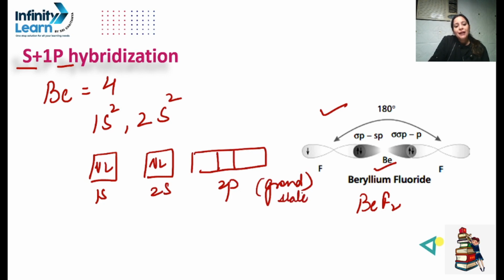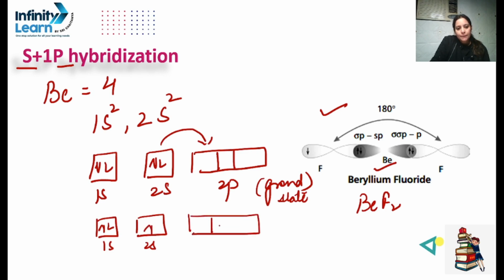Now if we show the excited state, then we can move an electron to this place. So in the excited state, we can represent the configuration in this way. Excited to this, right? Now when fluorine approaches, you know that the atomic number of fluorine is 9, and its electronic configuration is 1s2, 2s2, 2p5.